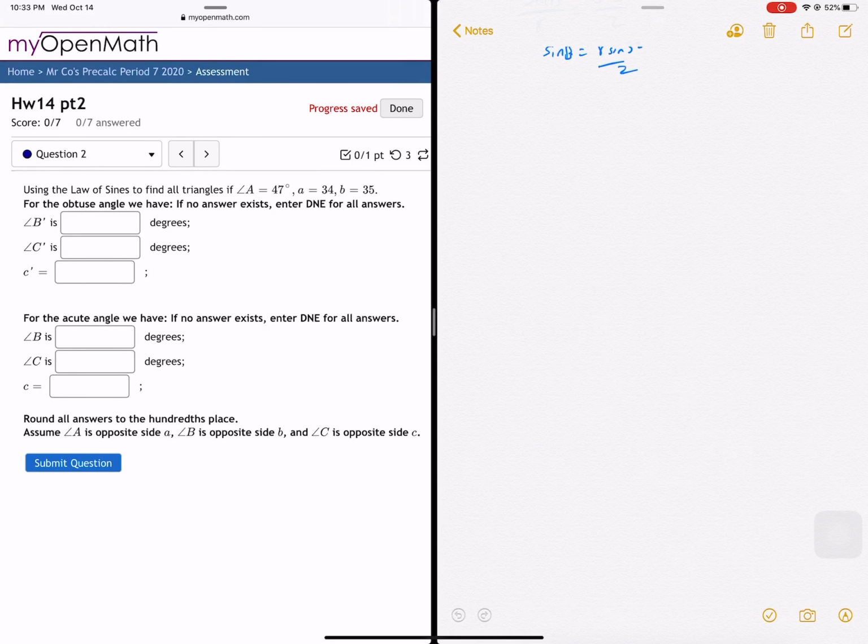We're given angle A and side A. If I draw a triangle very similar to that, 47 and 34, because this is side A and angle A, and our B we'll call 35, right in between those two. We said angle, long, short, we're going to have two possibilities.